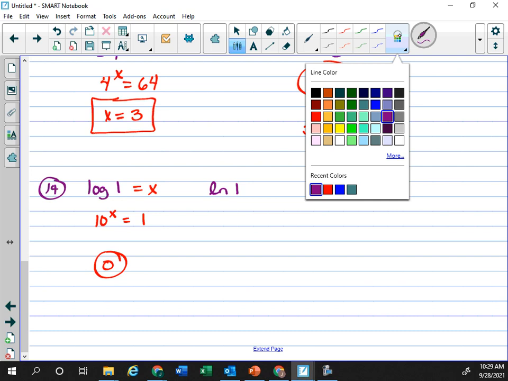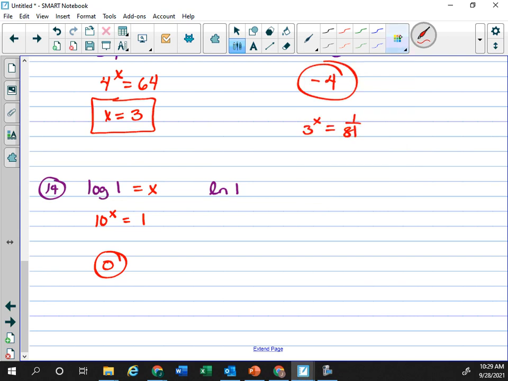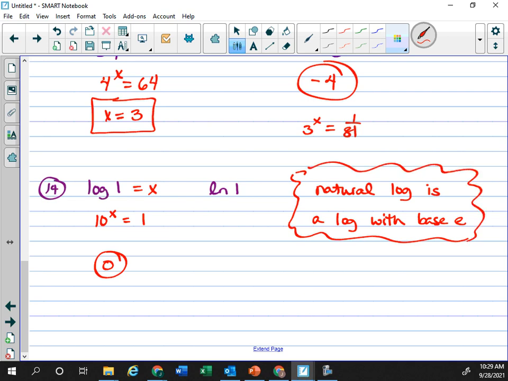So little side note for you over here. Natural log is a log with base e. Okay, so make sure you know that. You will never write log base e.